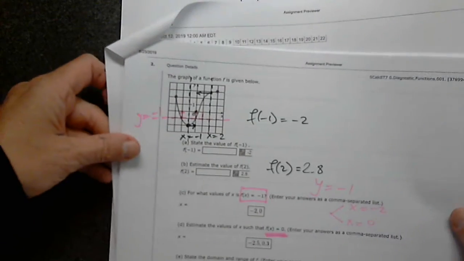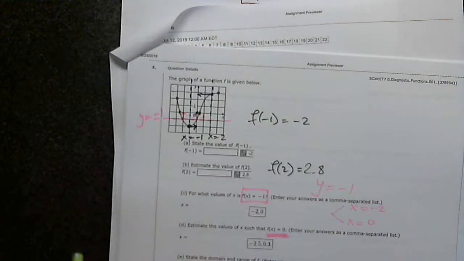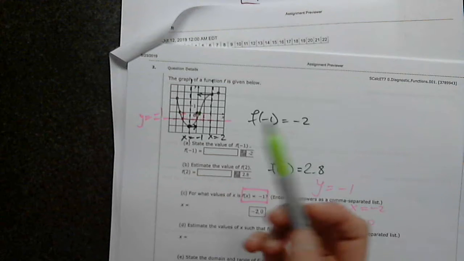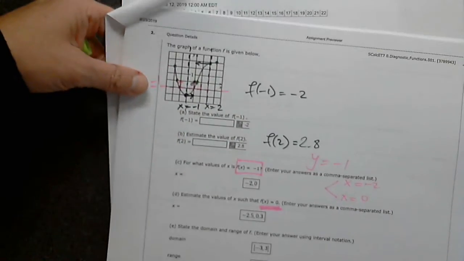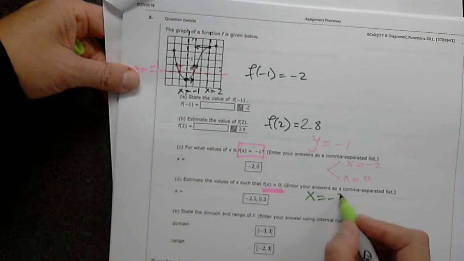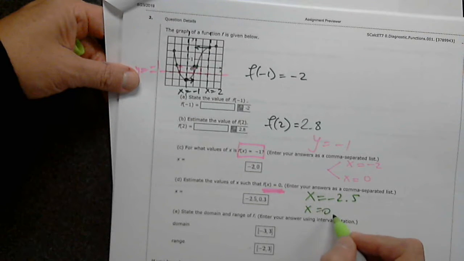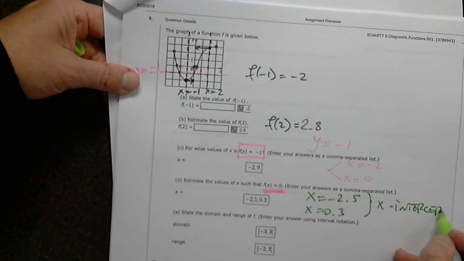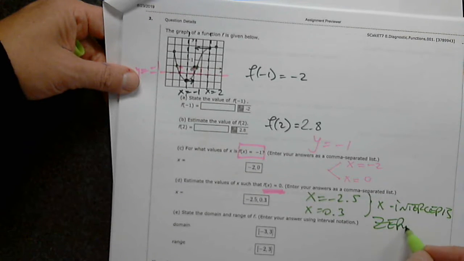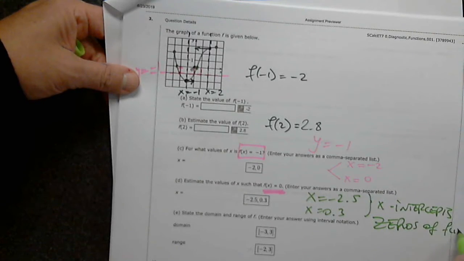So we see that this function crosses the x-axis here and here. Hard to estimate, of course, from this graph especially. They said -2.5 and 0.3. I'll go with that, but if you come up with slightly different values, I will accept them as well. So x equals -2.5 and x equals 0.3, x-intercepts or zeros of f of x.